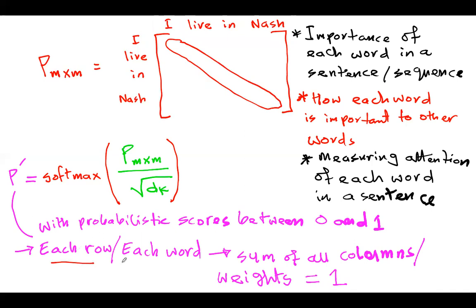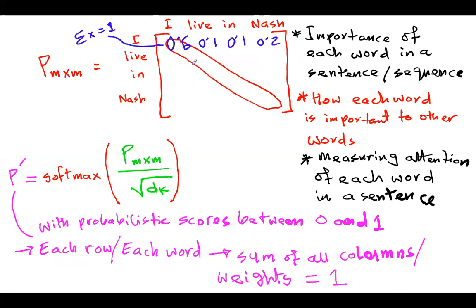So each row, meaning each word in this matrix, has a sum of all the columns, and that should add up to 1. So in that way, I know the weight of individual other words in terms of a given word, okay?